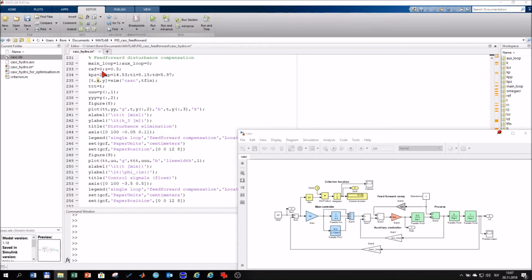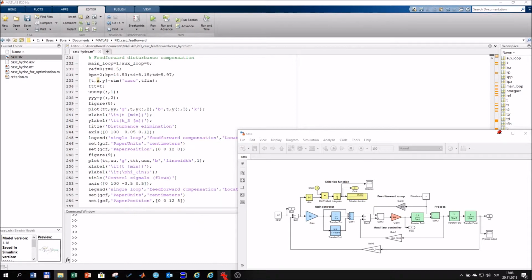The reference signal is 0. The disturbance is 0.5. And then we use KPZ, the gain for the feed-forward compensation. We use the value 2, and we use the optimized values of the PID controller.